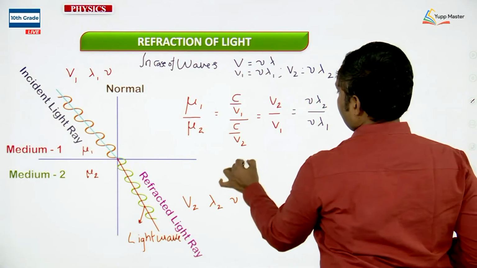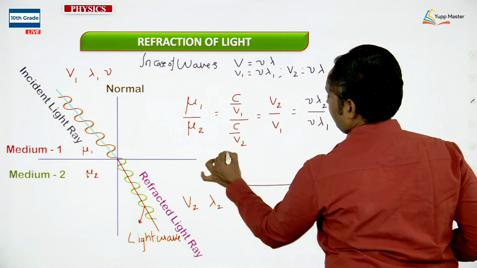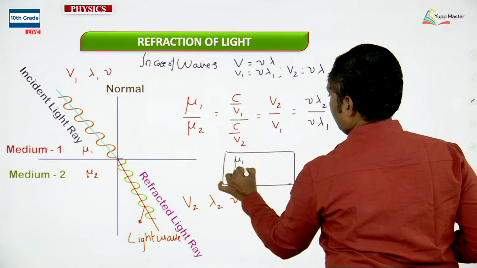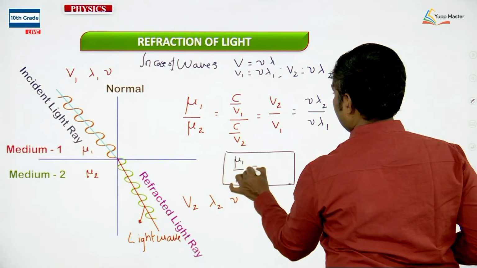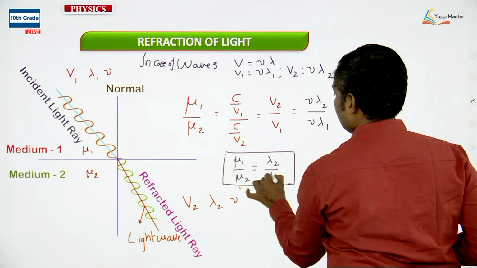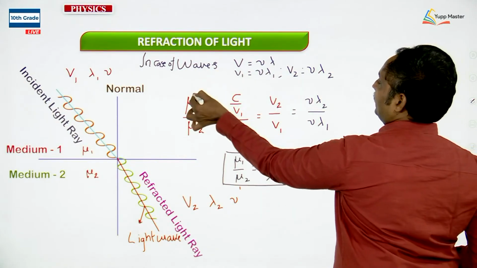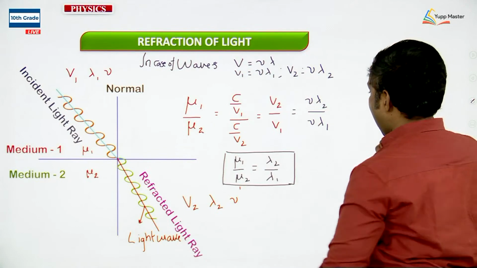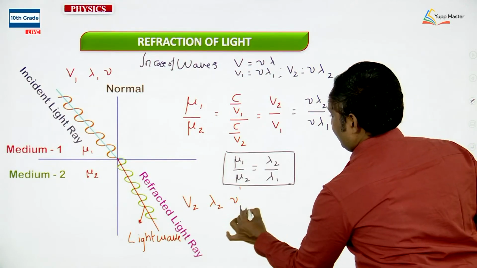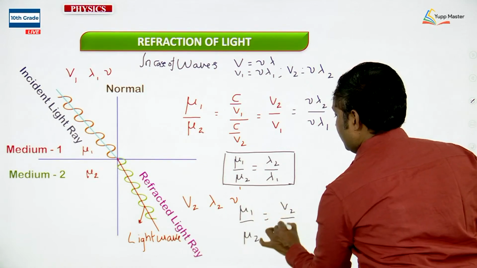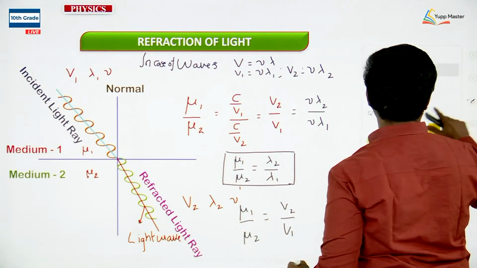So finally what we have obtained: mu 1 by mu 2 is equal to lambda 2 by lambda 1, very clear. At the same time, you can frame the relation between mu 1 and mu 2, that is equal to V2 by V1. This is also one relation.